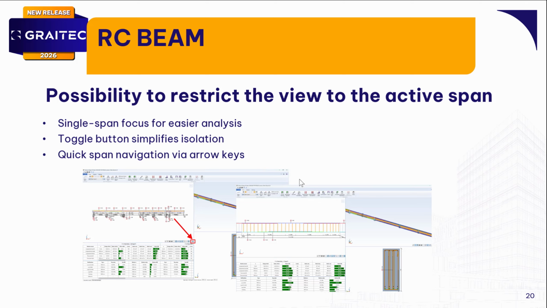Now, using this option, you can just click it and have a full overview of the design of the continuous beam that you have, or you can also use the toggle button option to simplify and isolate those spans, as well as other tools here to move between the spans of your concrete beam and see the detailing of rebars, the sections, etc. So these new features are mostly to facilitate the view of the design, the rebars, and the results for multi-span concrete beams.